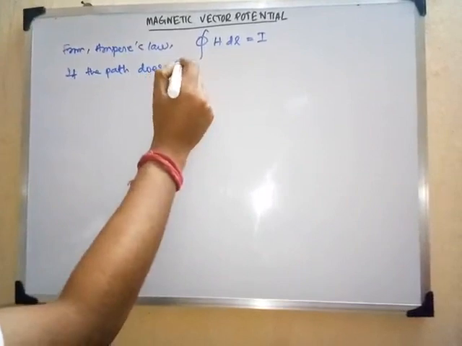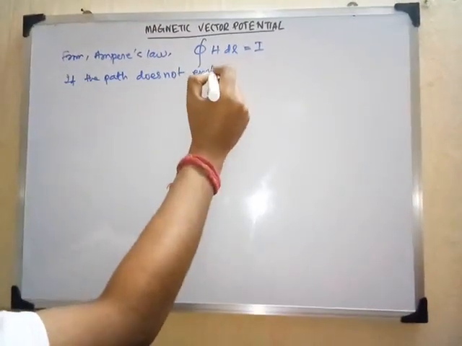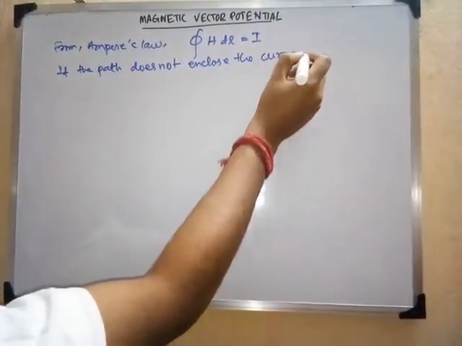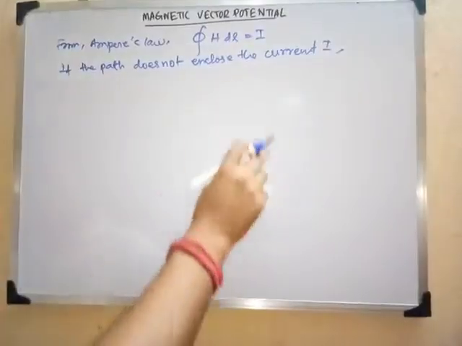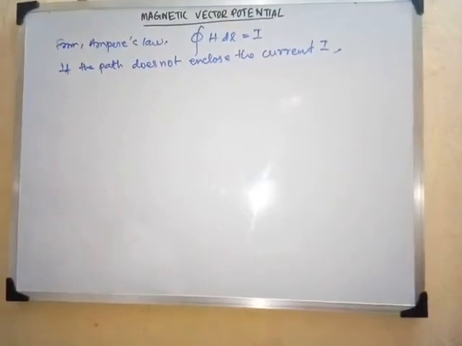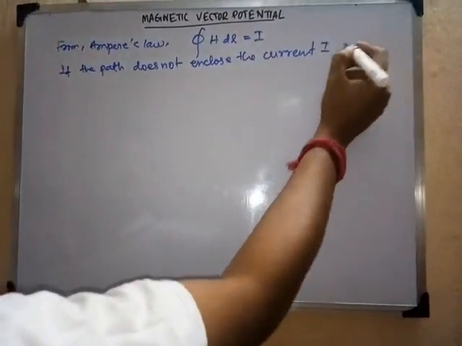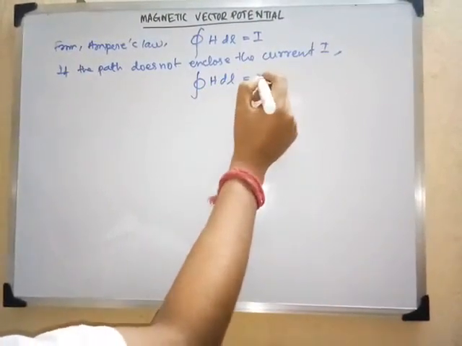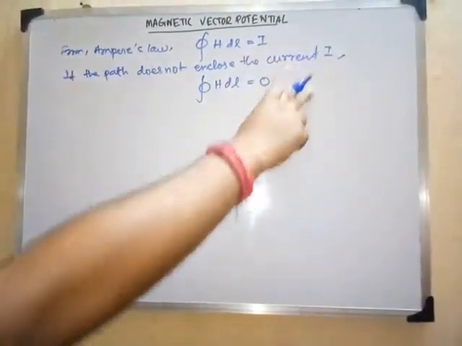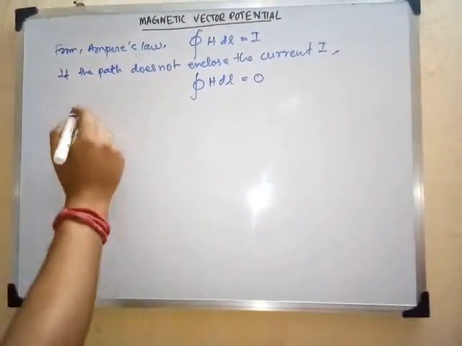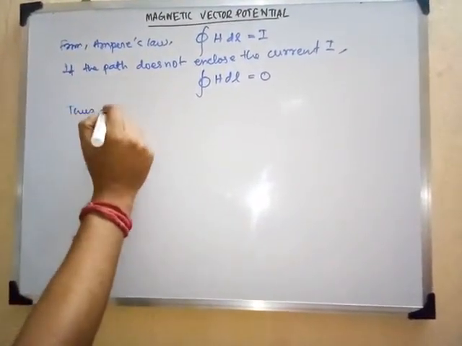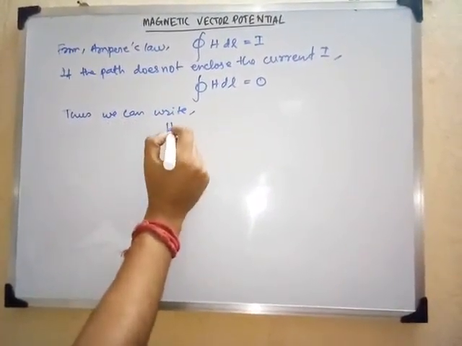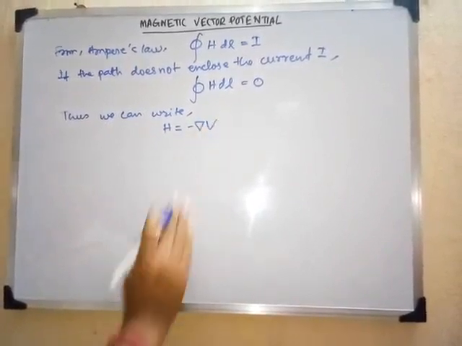The value of the enclosed current I will be 0. So we can write in that case that H dl will be equal to 0, since there is no current, so I equals 0. Thus we can write H equals minus del V, right?